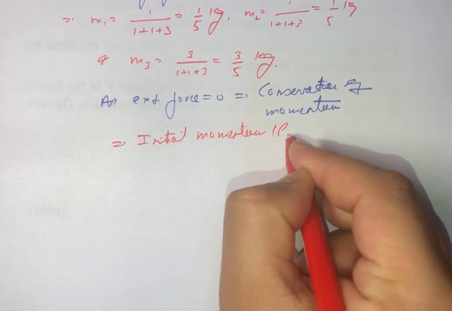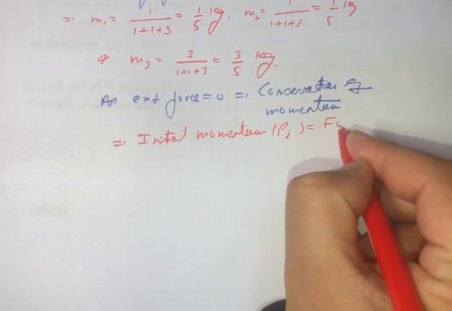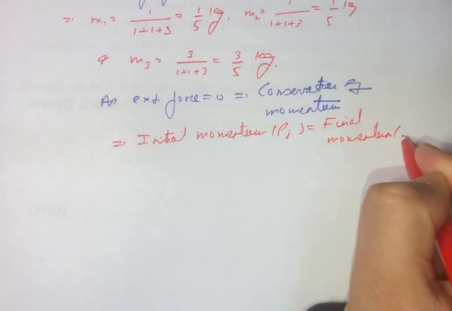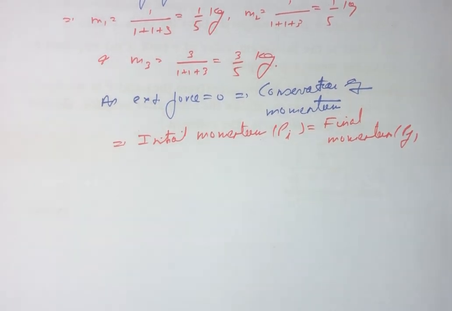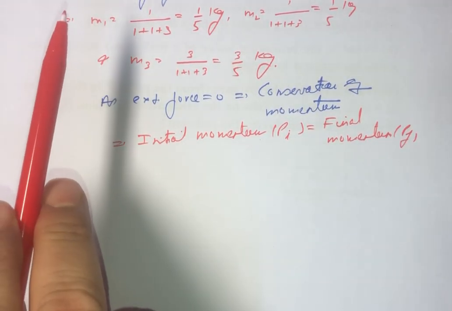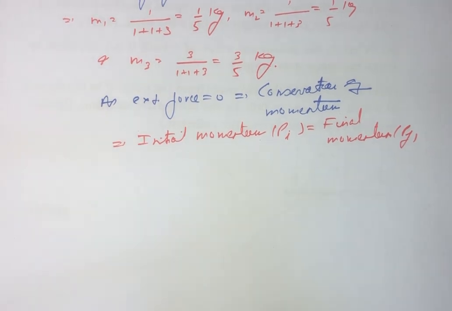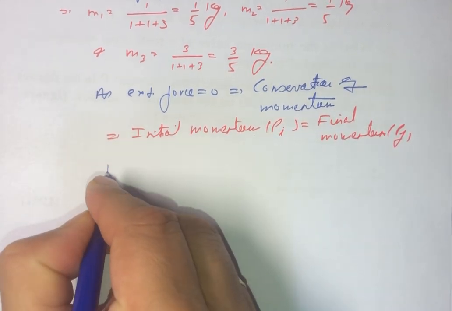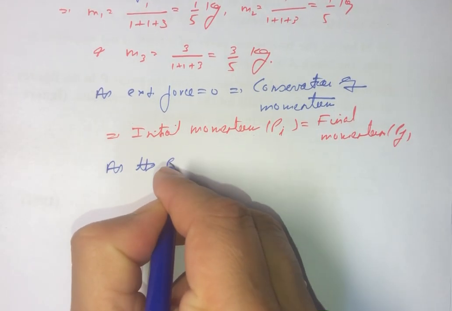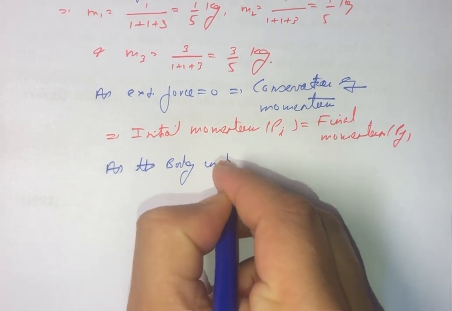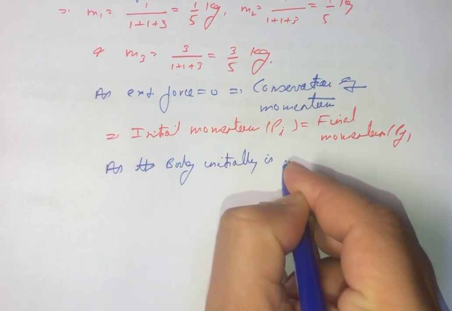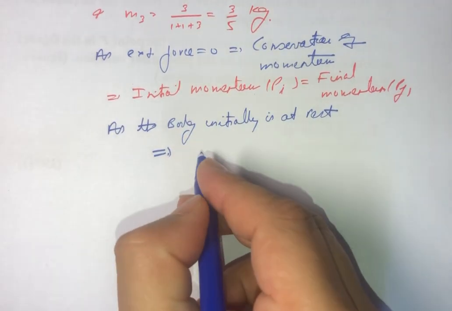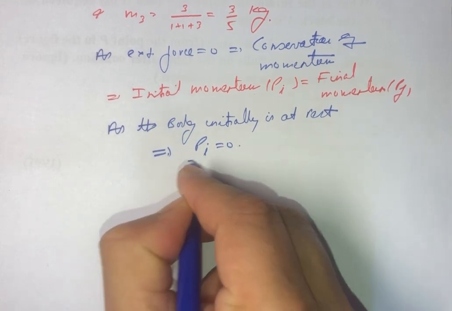Let us denote initial momentum as pi and final momentum as pf. It is said that initially the body is at rest, therefore pi is equal to 0.